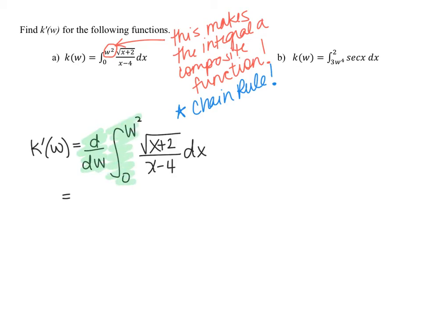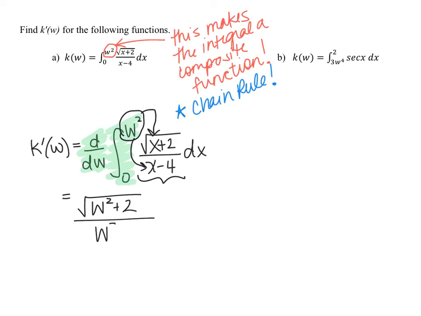So we see those inverse operations that are going to undo each other. We're going to be left with our integrand, but remember, we're going to take that upper limit of integration and substitute it into the integrand. So instead of the square root of x plus 2, we'll have the square root of w squared plus 2, all divided by w squared minus 4.